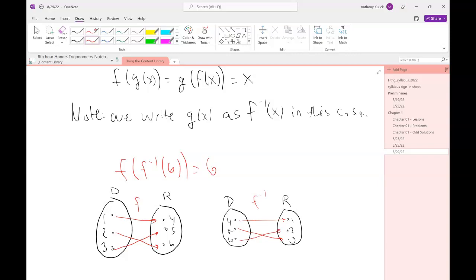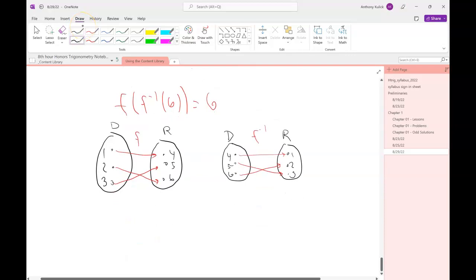So f sends 1 to 4, f inverse sends 4 back to 1. F sends 2 to 6, f inverse sends 6 back to 2. F sends 3 to 5, f inverse sends 5 back to 3. Everybody's okay with that notion?